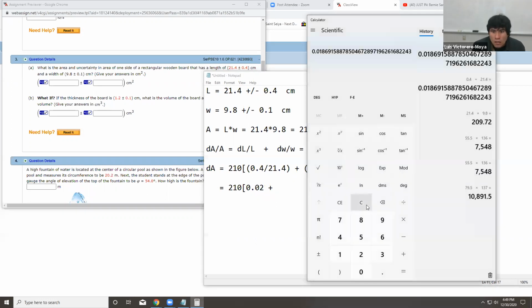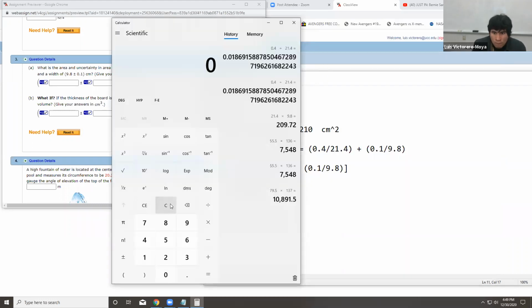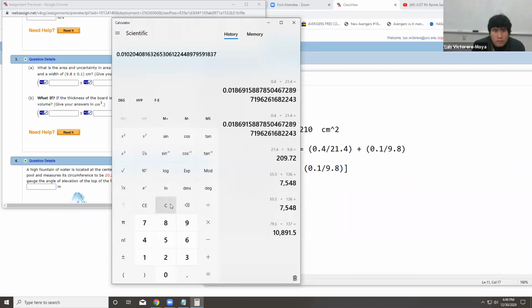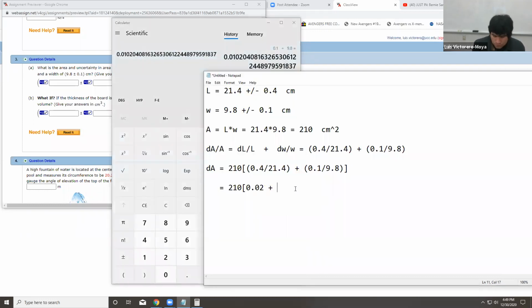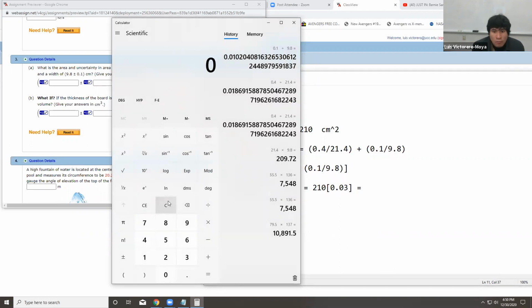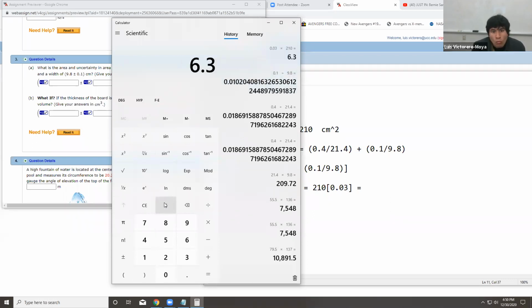And then I'm going to do 0.1 over 9.8. That's easy, 0.0. If I multiply 1 sig fig with 2 sig figs, I need to have only 1 sig fig.